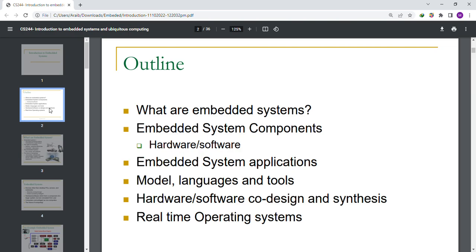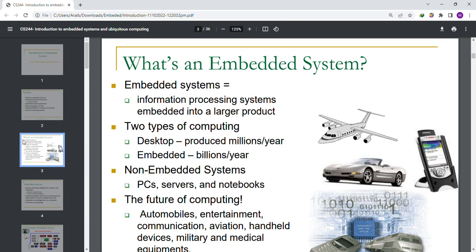Embedded system components, embedded system applications, modeling language and tools, hardware and software, core design and synthesis, real-time operating system. And slide number 3, what is an embedded system? Embedded system: an information processing system embedded into a larger product.